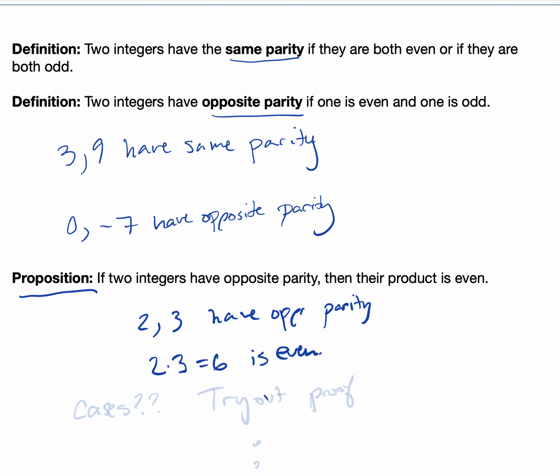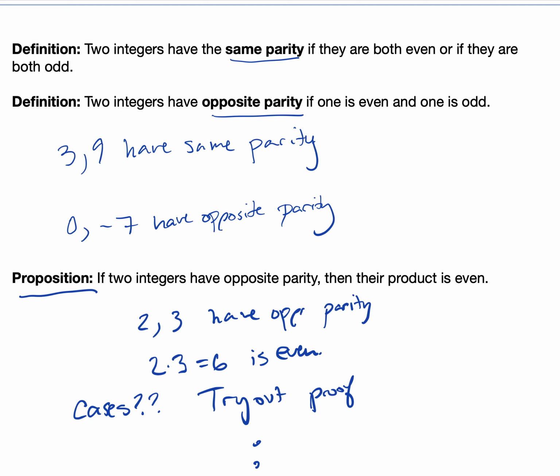So there's one example that shows it's true in one case. We want to prove that it is always true. So I'd like you to think about this, and in thinking about it, do you need cases? And if so, what would the cases be? And I'd like you to try out this proof. So give that a try, and then we will look at it together.